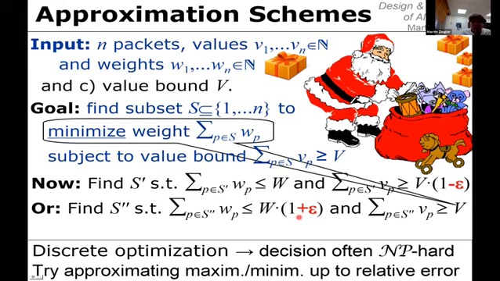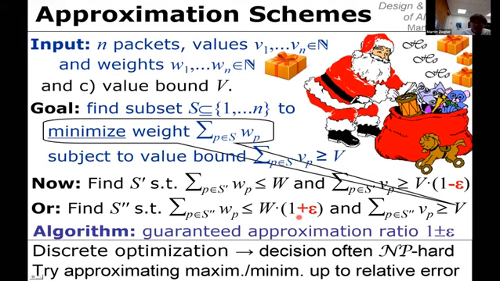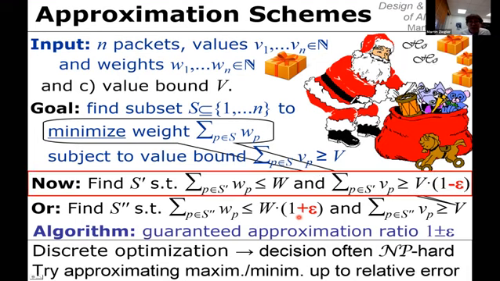Okay, and both apply here to the knapsack. And an algorithm is different from a heuristic in that it comes with a guaranteed approximation ratio, either 1 minus epsilon for maximization problems, or 1 plus epsilon for minimization problems. Good. And in this lecture, we're going to consider the knapsack problem as such a maximization problem.